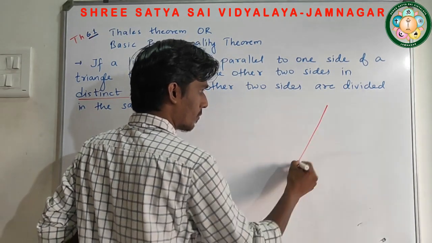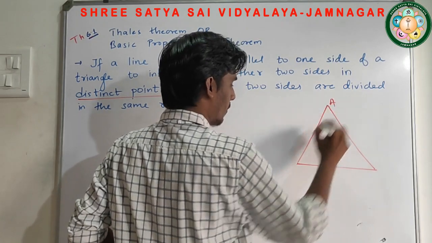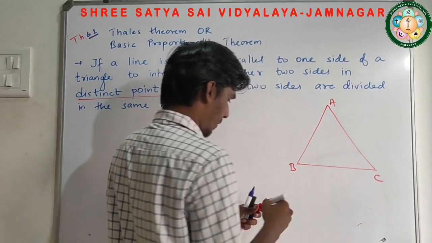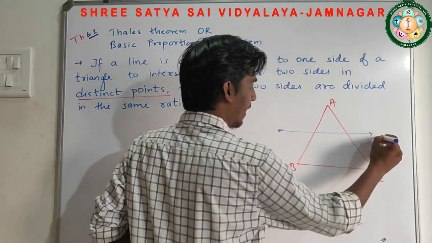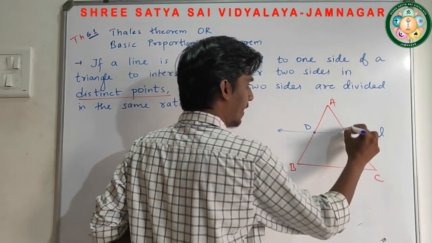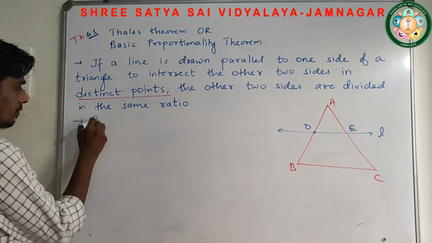Say this is a triangle A, B and C. Say this is line L intersecting at D and E. So what to write in given or data?